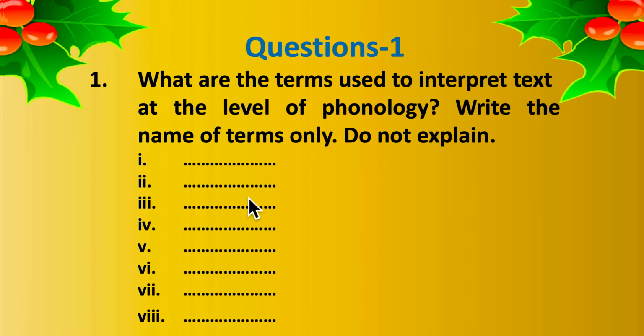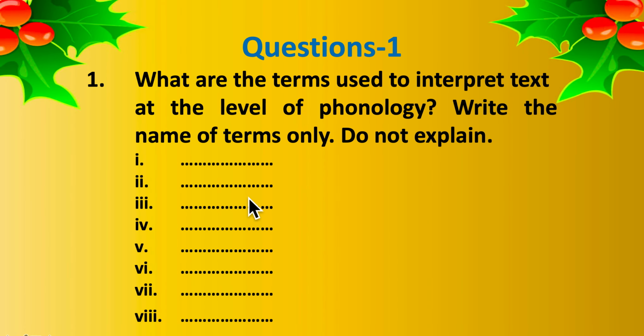Now it is time to talk about questions. Of course, it's important. Question number 1. What are the terms used to interpret text at the level of phonology? Write the names of the terms only. Do not explain. Here I am just asking, just write the terms.